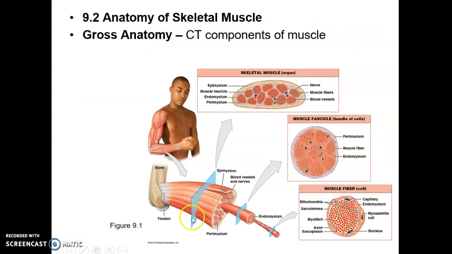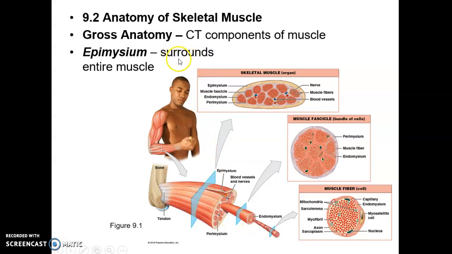So looking at the gross anatomy of a muscle, what we have here in the diagram is one muscle, zoomed in and cut in cross section, and its attachment to the bone via a tendon. If you remember, dense regular connective tissue. Let's look at the connective tissue components of a muscle. And remember, a muscle is an organ.